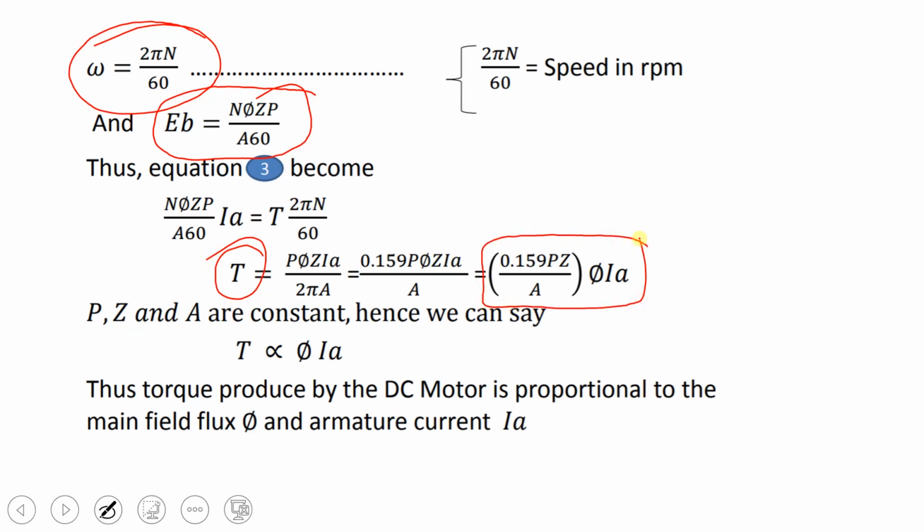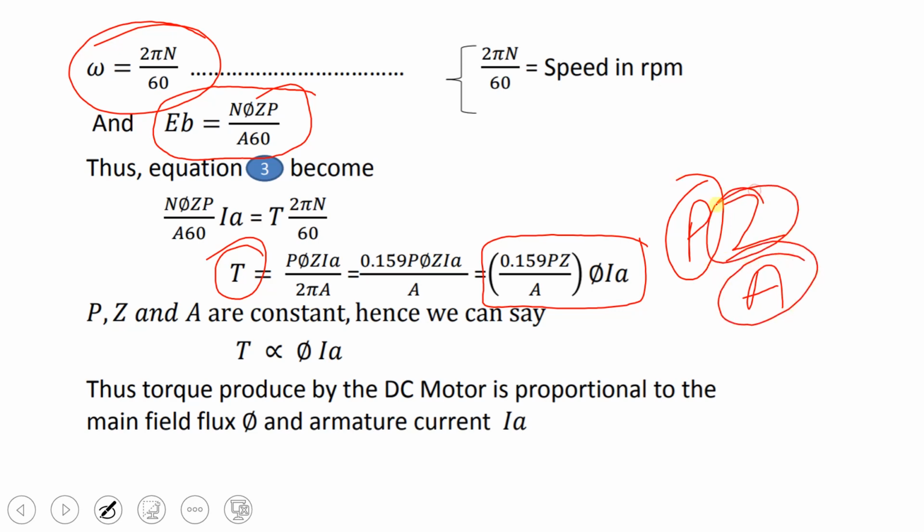Here in this equation, P, Z and A are constant values. P is the number of poles, and A is the number of parallel paths, and Z is also constant.